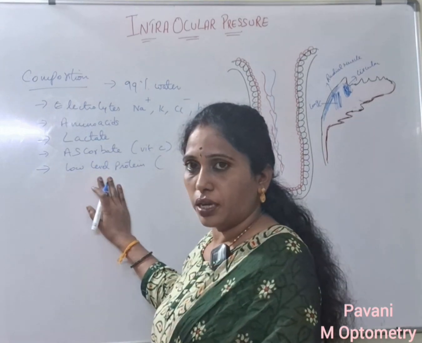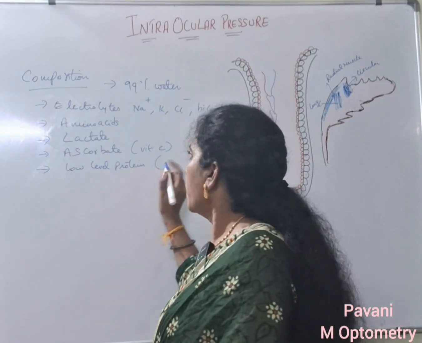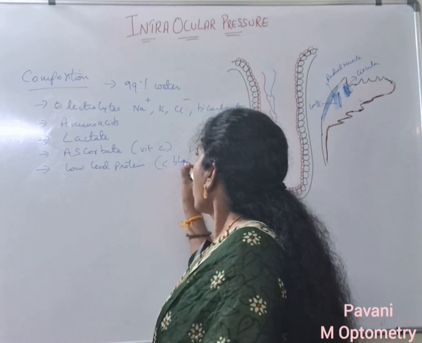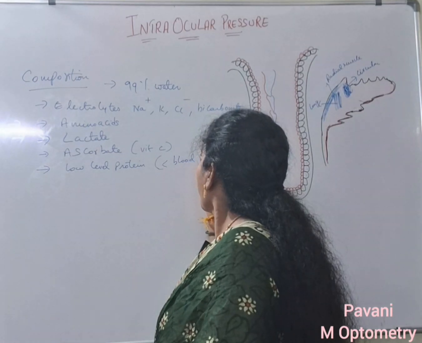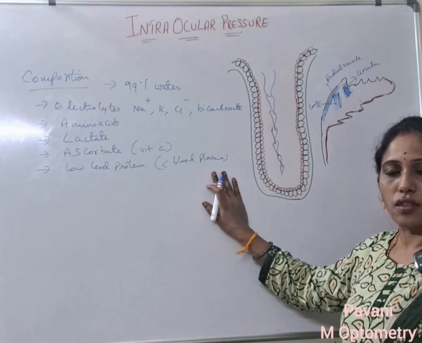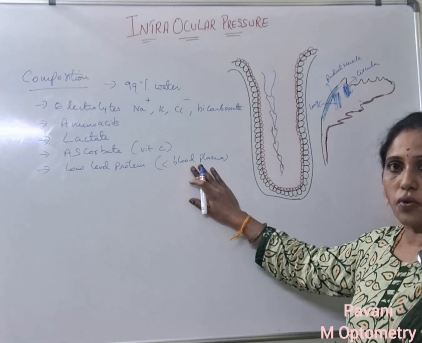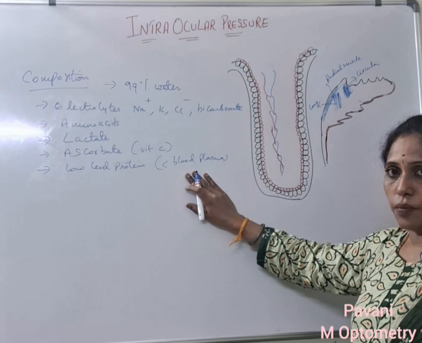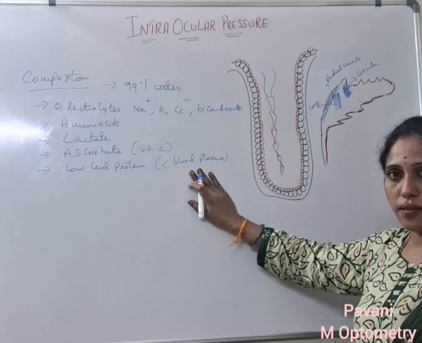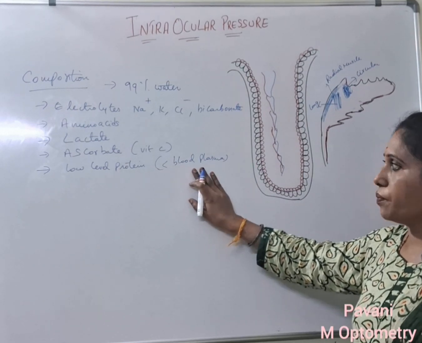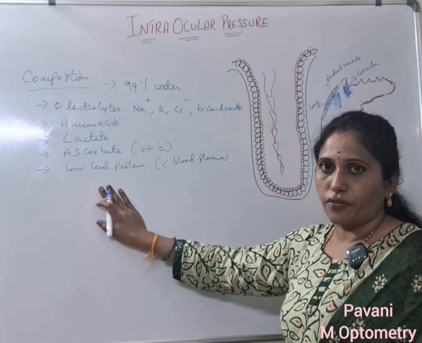That means the protein present in the aqueous humor is less than the protein present in the blood plasma. So the aqueous humor produced inside the eye is almost equal to the plasma, but the protein present in the plasma is greater than the protein present in the aqueous humor.